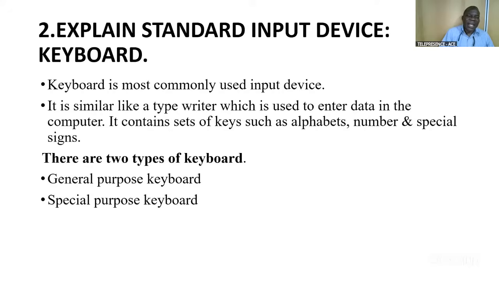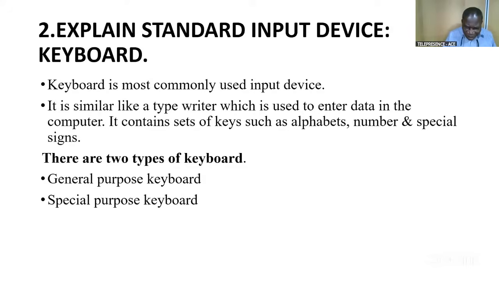Now, let's begin with the standard input device. We have the keyboard. The keyboard is the most commonly used input device in digital ecosystems. It is similar to a typewriter, which is used to enter data in the computer.